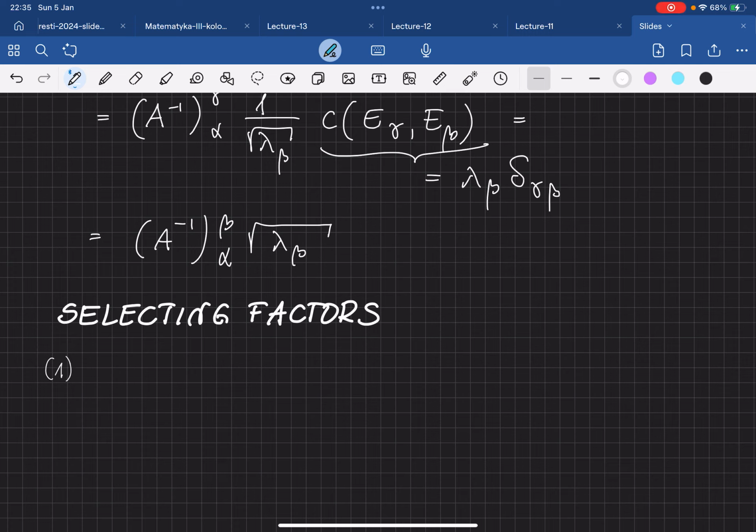So the first procedure of selecting factors says that we take as many of the factors as is needed to get the percentage of variance explained by the model greater than 0.8.